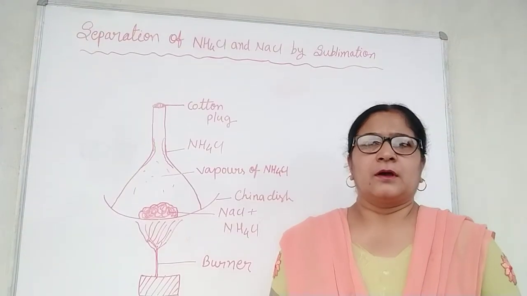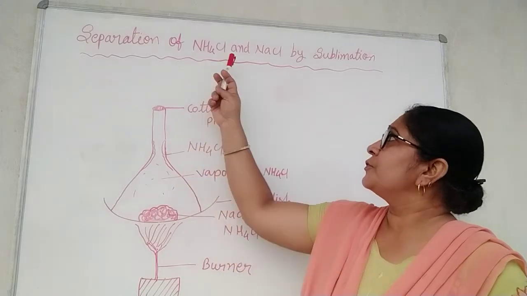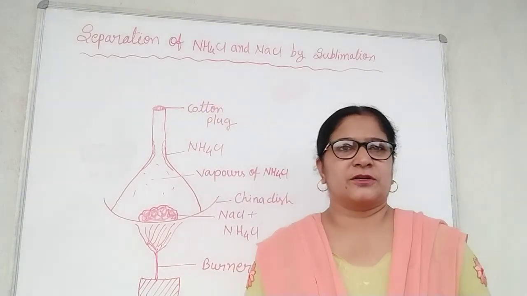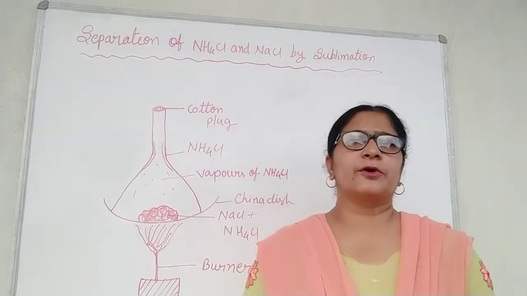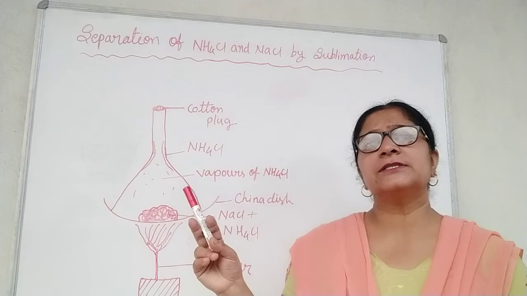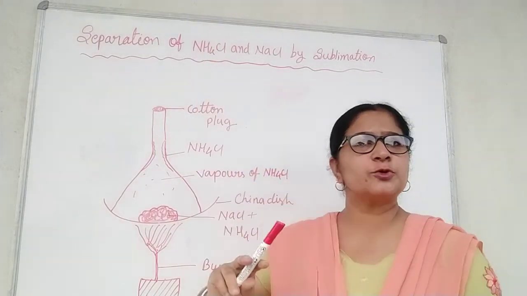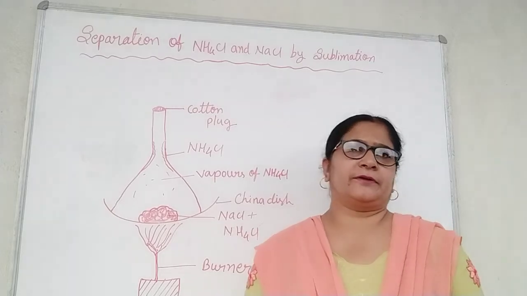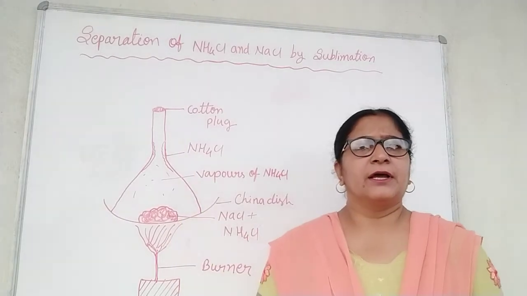Let's suppose we have a mixture of salt and ammonium chloride, and we have to separate them. In this case we know that ammonium chloride, NH4Cl, is a sublimate.